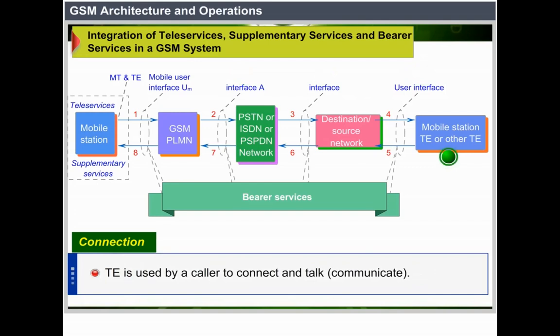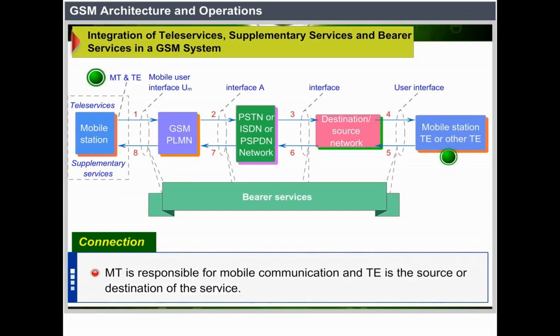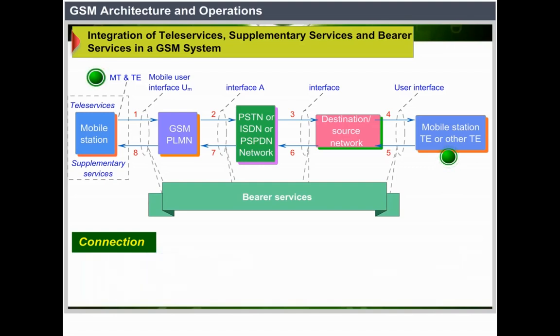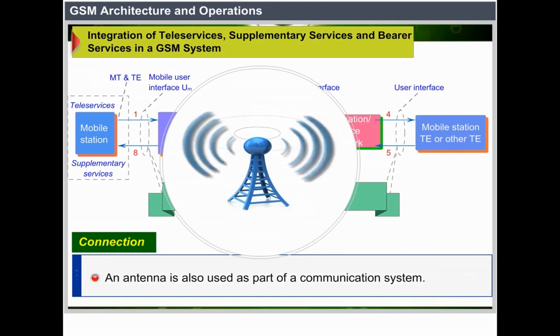TE is used by a caller to connect and talk to communicate. MT is responsible for mobile communication and TE is the source or destination of the service. An antenna is also used as part of a communication system.